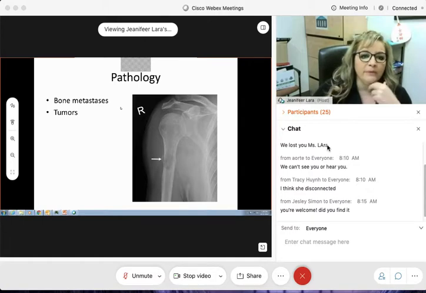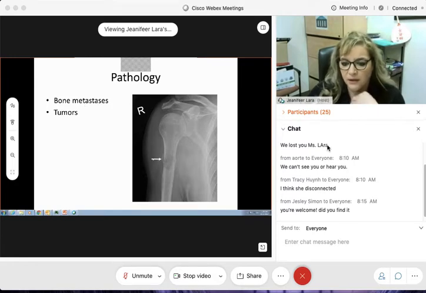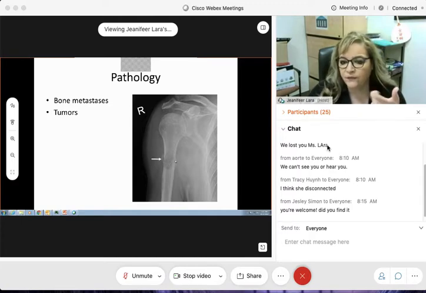Perfect. So when we look at bone metastasis, we know that it is a type of cancer or tumor that is spreading from section to section. Tumors are either benign or malignant, and they feed off of the area's nutrients. And so you'll start to see areas like this, discoloration.